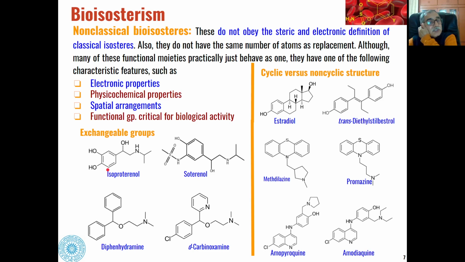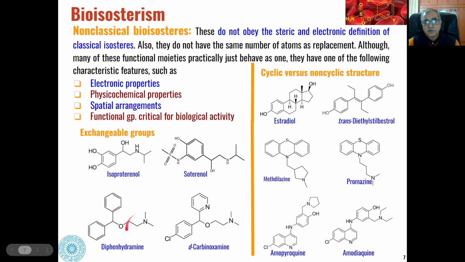So you can see that the chemical structure of this is different from this, so they do not obey the steric or electronic definition of a classical isostere. These two have similar biological activity, but they will be regarded as non-classical bioisosteres.